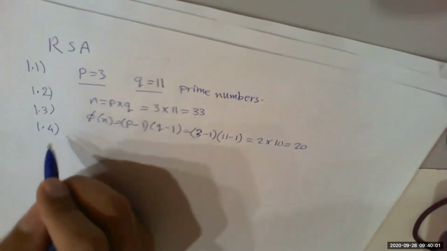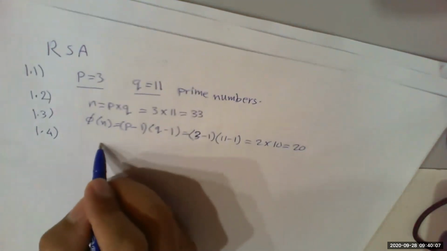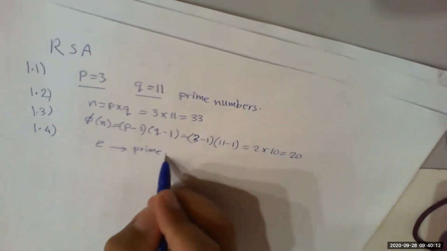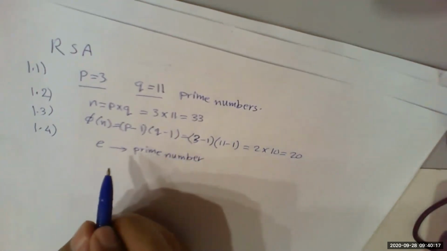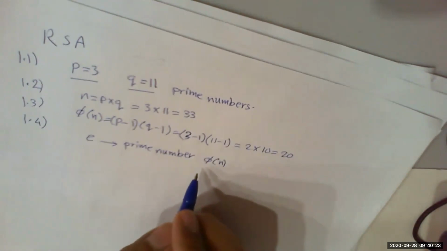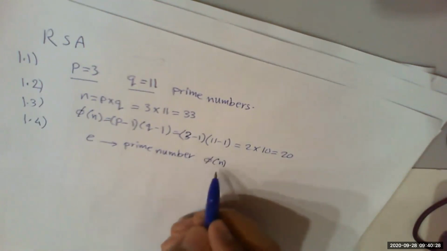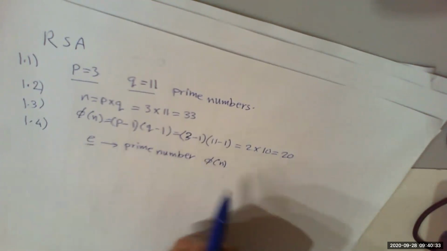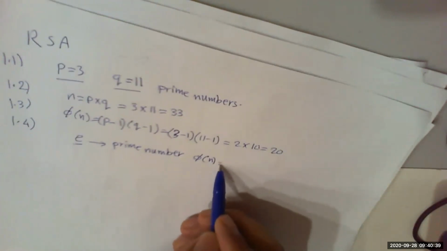Now we go to the fourth step, which is to choose a prime number E. It should be a prime number. We select that prime number with a condition, which is that it must be coprime with phi of n. So phi of n must not be divisible by E. Coprime means, I will tell you right now why. Phi of n is 20.